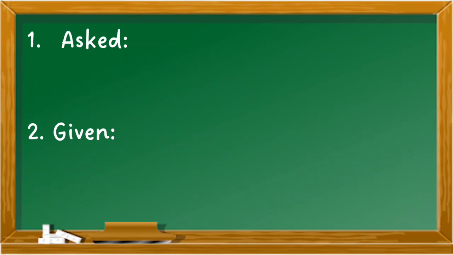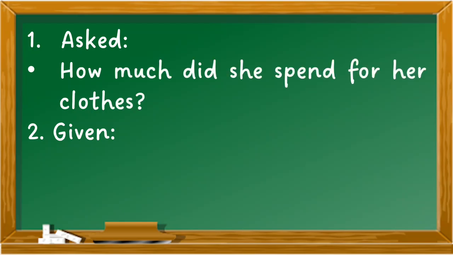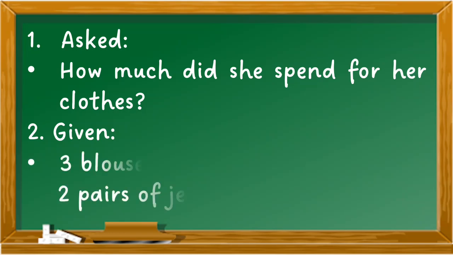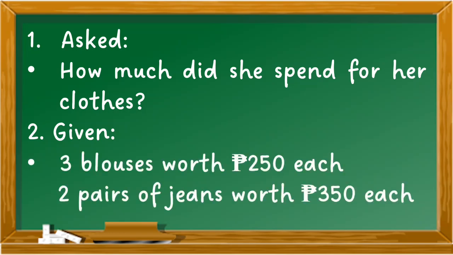Now, following the steps in solving the word problem, the first question to answer is what is asked. In the word problem, the question to be answered is how much did she spend for her clothes? Step number 2 is to find out the given facts. In the word problem, the given facts are 3 blouses worth 250 pesos each and 2 pairs of jeans worth 350 pesos each.